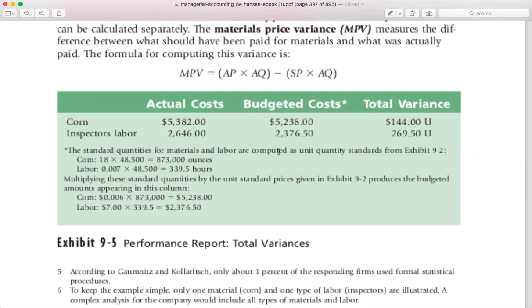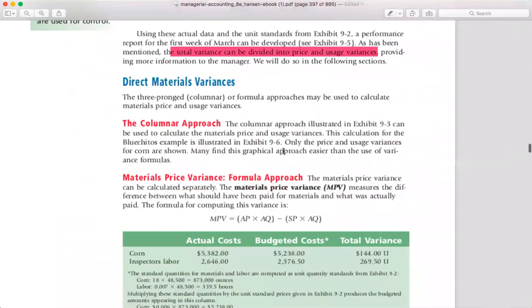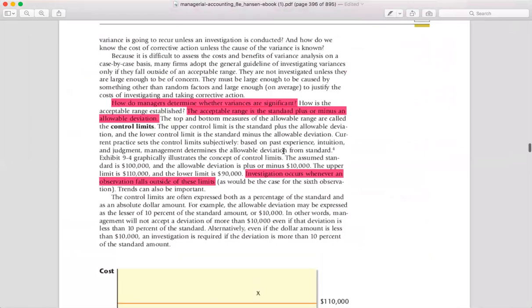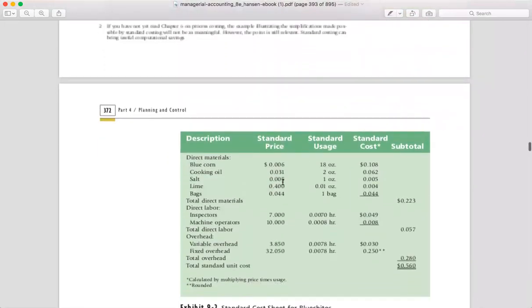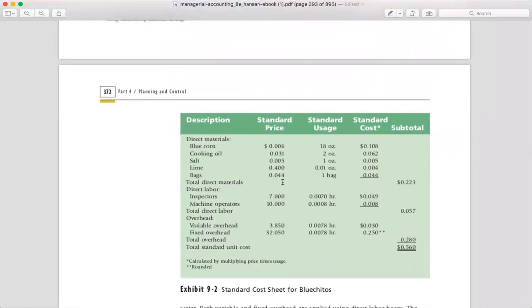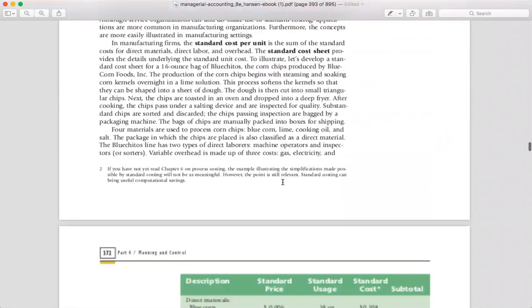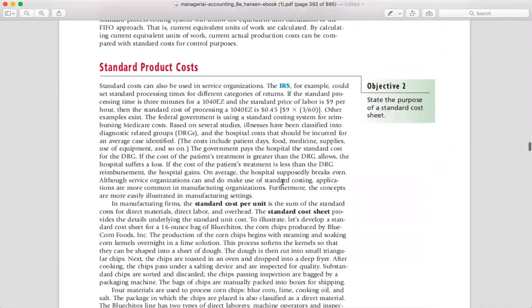For the corn, it's 18 times 48,500, based on this information.